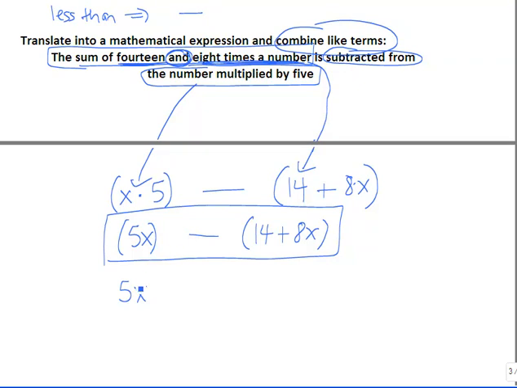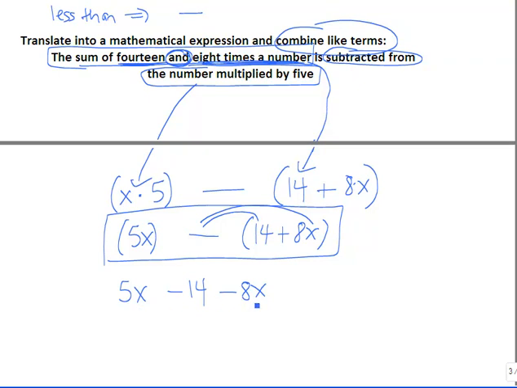So I can drop those first set of parentheses. The second set of parentheses are needed because there's this minus sign in front of it, which is going to need to be distributed across before I can do anything else. So let's use that distributive property. Negative, which is like a negative 1 times 14 is minus 14, and a negative times positive 8x becomes negative 8x. So here we've eliminated all of our parentheses.